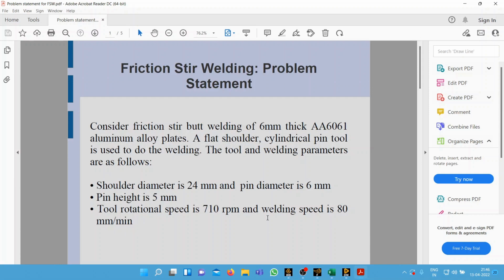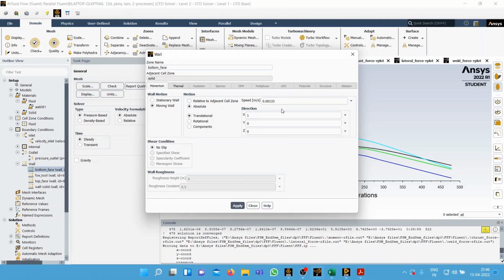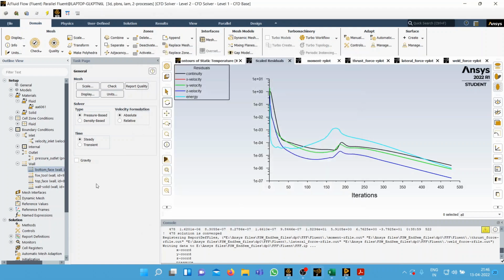When it is converted to meter per second, then we get 0.00133 meter per second. And this plate translates in the x direction with a velocity of 0.00133 meter per second, and no slip is considered in this case.